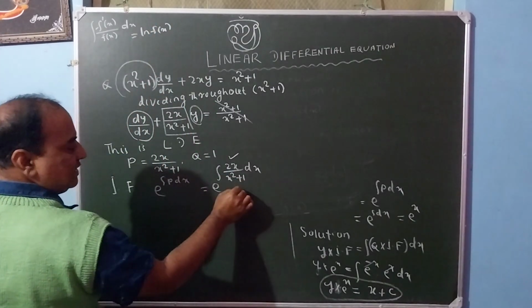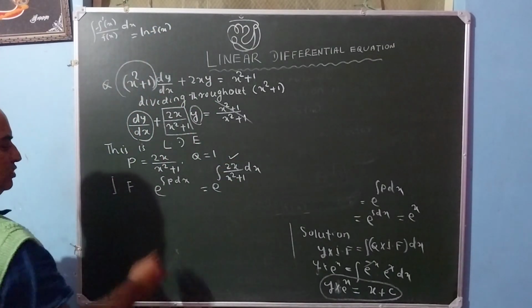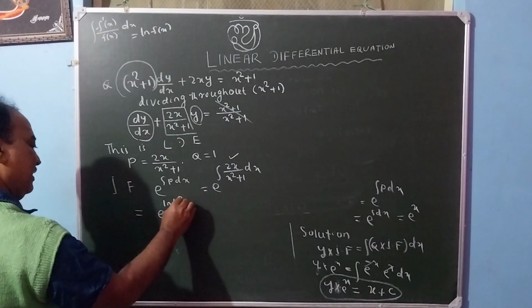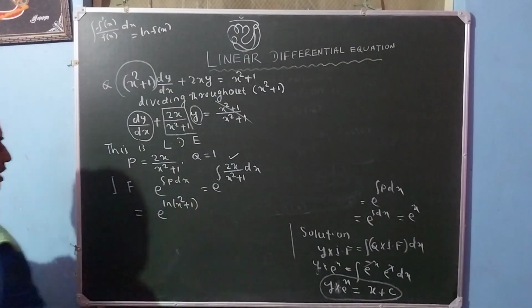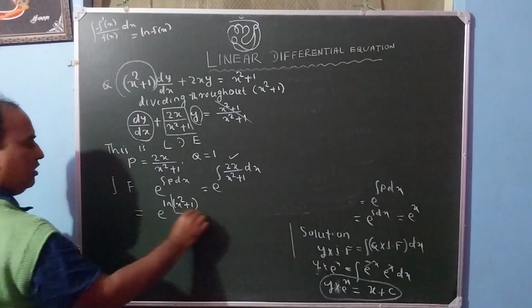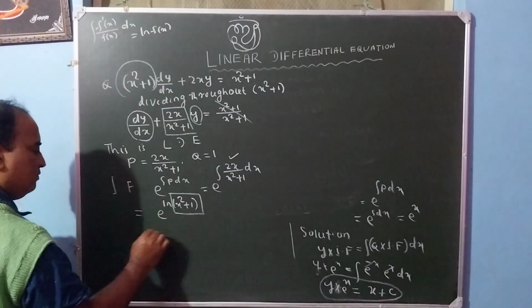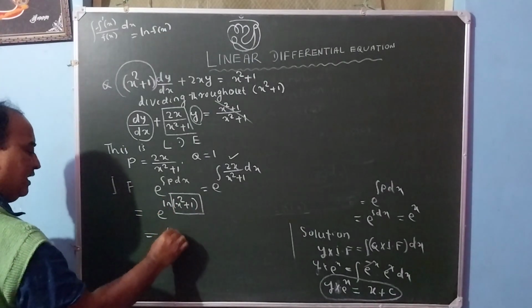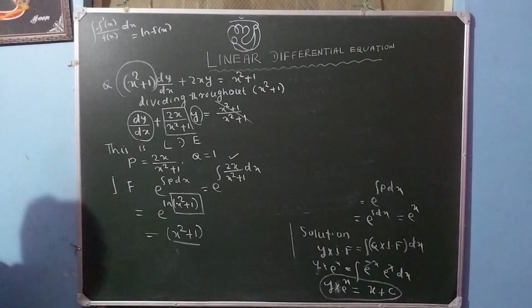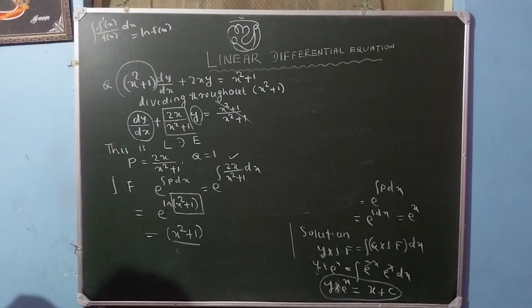This is fx and whose derivative is 2x. So e to the power ln x square plus 1. Now we have already discussed e to the power ln of anything is equal to that thing. So here it is x square plus 1.